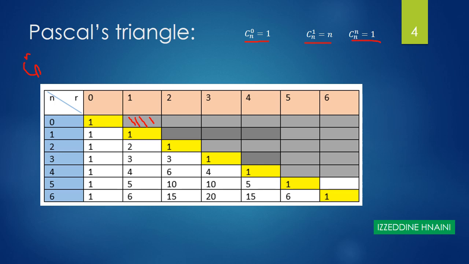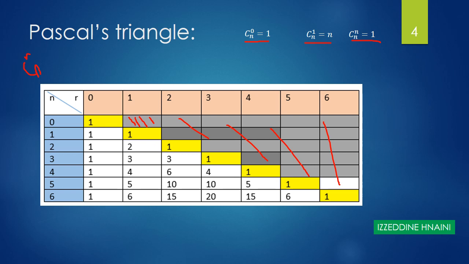Now, how do we fill the remaining cells? Note that all these cells are rejected because here r is greater than n, and r must be less than or equal to n.